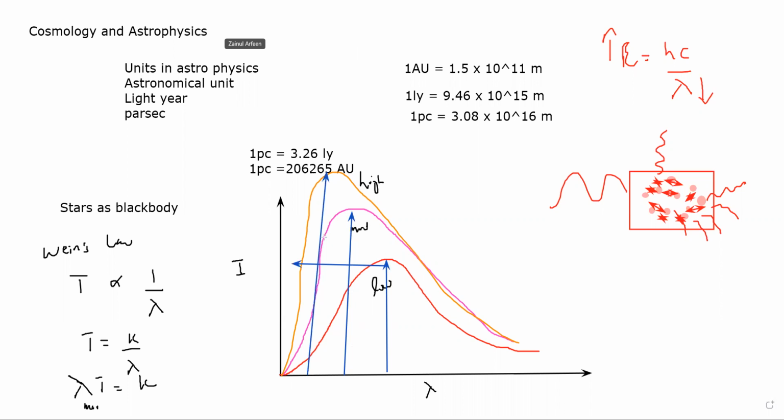So according to Wien's law, lambda max is inversely proportional to temperature. So if you have a black body at a high temperature, it will emit a shorter wavelength as compared to a black body at a lower temperature.